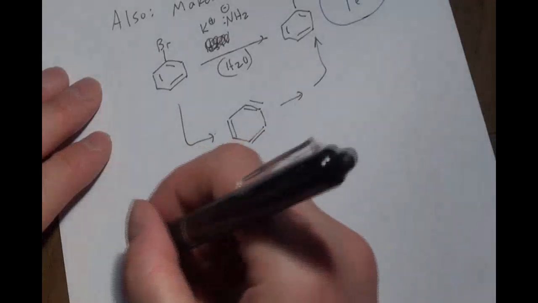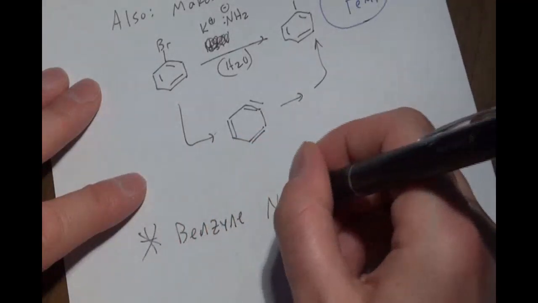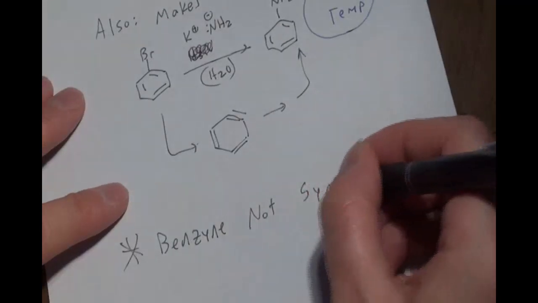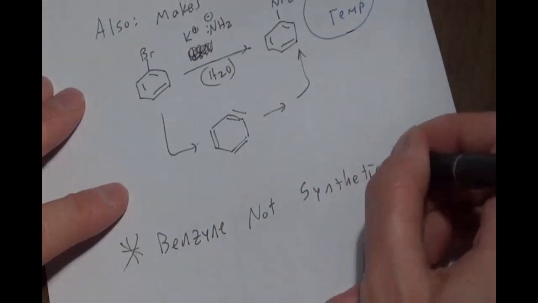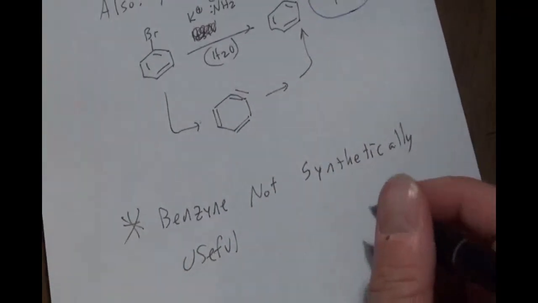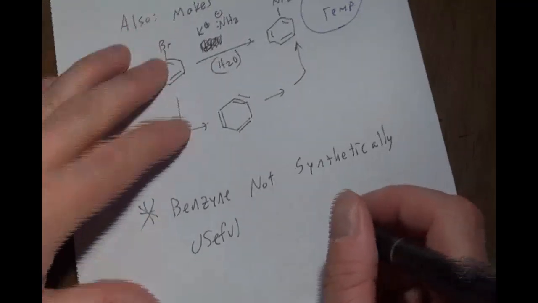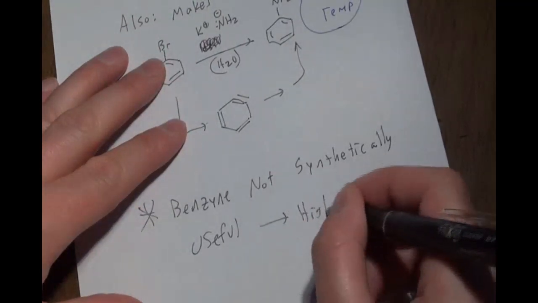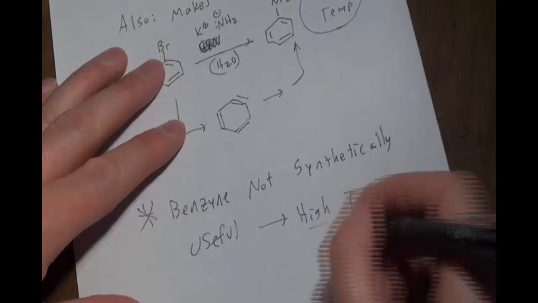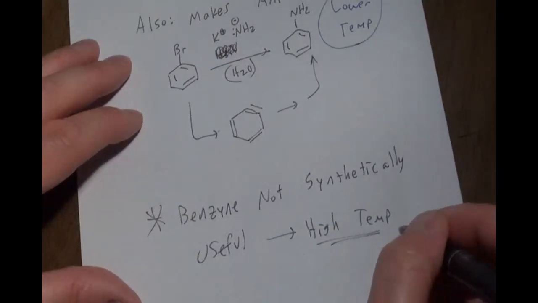I should also say, benzyne is not really synthetically useful. We don't really use this as a method to make molecules because of the high temperature. If I have a crazy molecule with a bunch of functional groups, I don't want to apply high temperature to it because it'll destroy them.